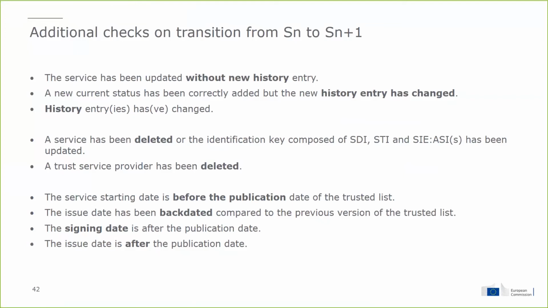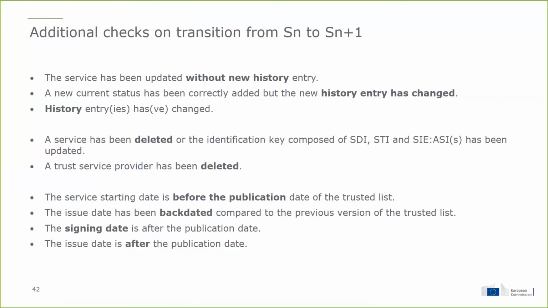Another category is the chronology of the different dates, because there is a bunch of dates, as Olivier explained, and there are rules to be followed for these dates. One of them is, for instance, the fact that the service starting date cannot be before the publication date, because if you do so, you will create a change of the history.